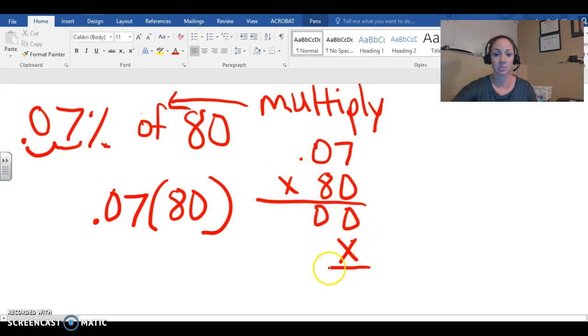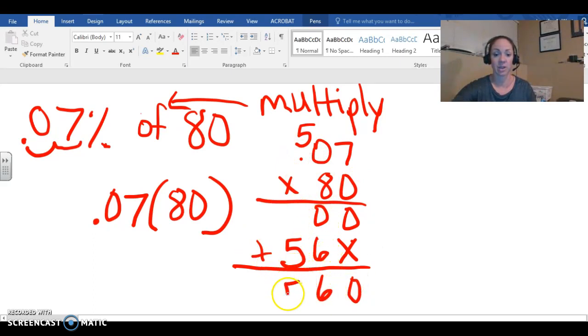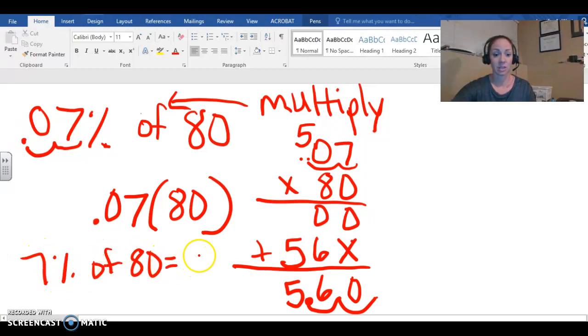Put the little x as the place marker. 8 times 7 is 56. 8 times 0 is 0. Add 5. Now we add all of these together. 0. 0 plus 6 is 6. And 5 plus nothing is 5. So now we move the decimal point over 1, 2 places, and 7% of 80 equals 5 6/10.